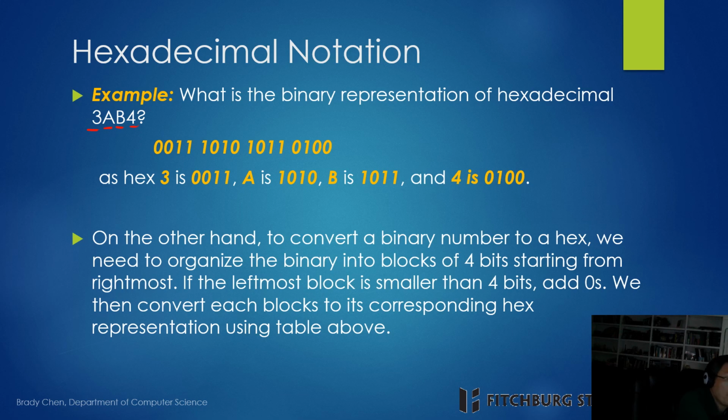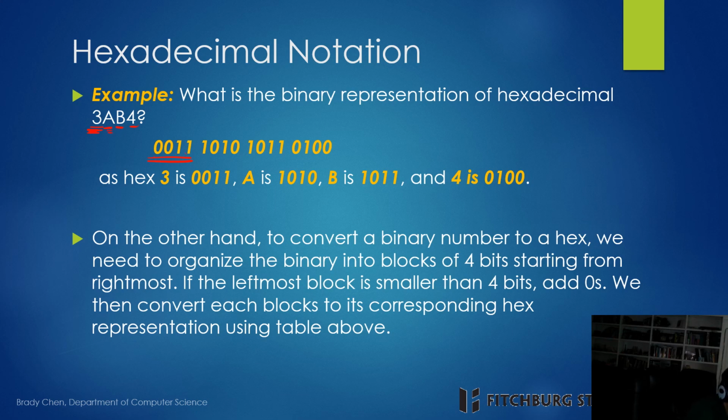Now to convert it into binary, it's pretty simple. Remember the table in the previous slide. We can convert the hexadecimal 3 into binary notation. 3 is 0011.